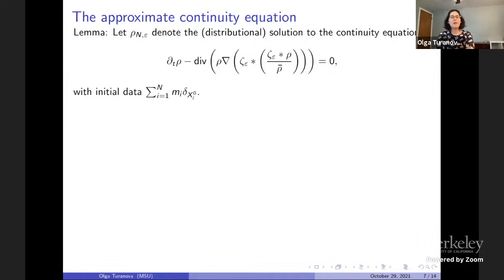I'm going to use rho sub n epsilon to denote the distributional solution to this continuity equation, the exact same one as on the previous page, with initial data a sum of n Dirac masses. The n corresponds to the n masses, and the epsilon corresponds to the epsilon I take for my modifier.